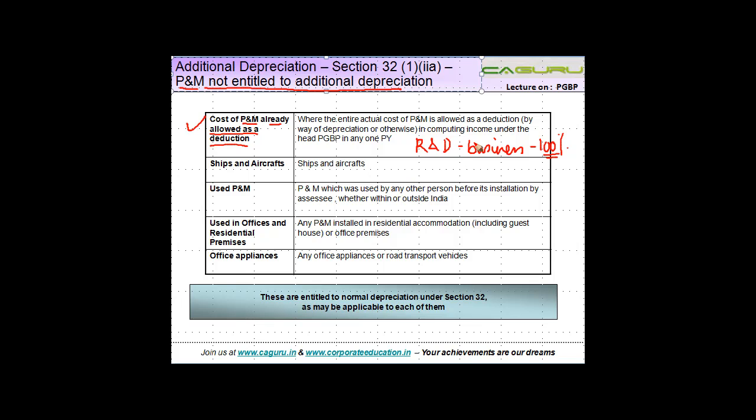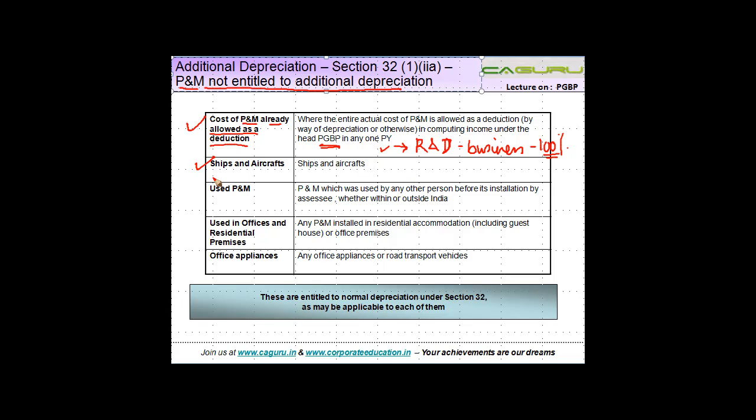Now suppose you acquired an asset which was used for R&D purposes and you claimed 100% deduction on that under the head PGBP, then if you bring this asset to your normal business, it will not be allowed any additional depreciation. So you can't claim additional depreciation on an asset where you are already claiming 100% deduction, say in the R&D business.